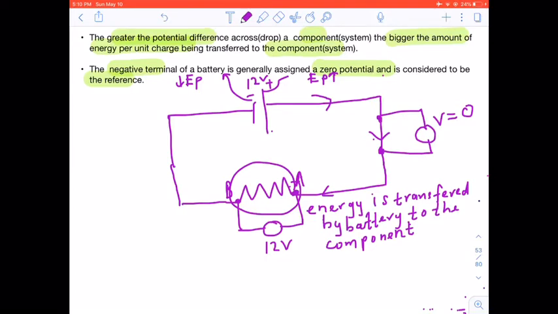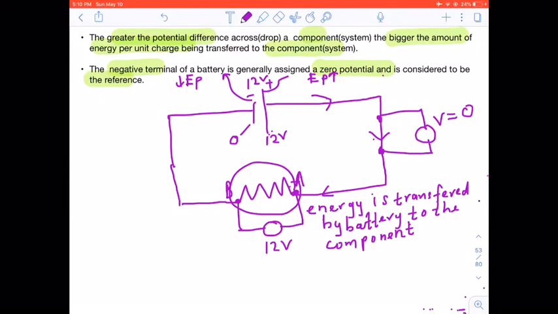And also, if we say the potential energy at the positive terminal is greater than that at the negative terminal, then our electric potential here would be 12 volts, and our electric potential at the negative terminal could be 0 volts, because we use it as a reference, right?